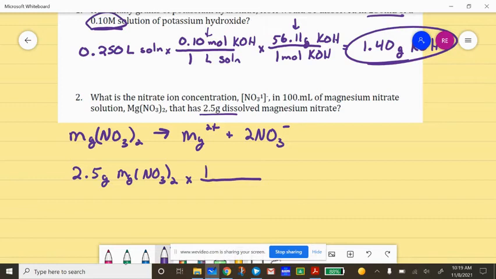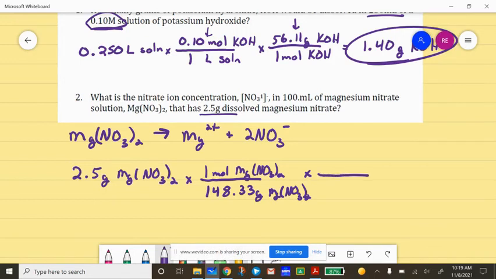So we know that 1 mole of magnesium nitrate, Mg(NO3)2, has a mass of about 148.33 grams of Mg(NO3)2.